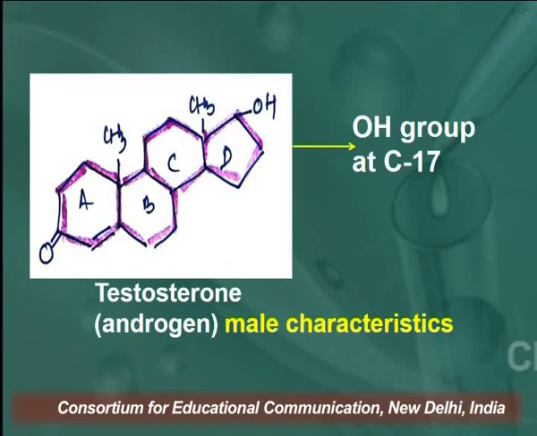But here in testosterone, you can see the cyclopentane ring has one OH group, and 2 CH3 groups are present on the steroid nucleus, and ring A has a carbonyl group, that is, a ketonic group. So the testosterone hormone, which is responsible for the male characteristics, has a ketonic group.